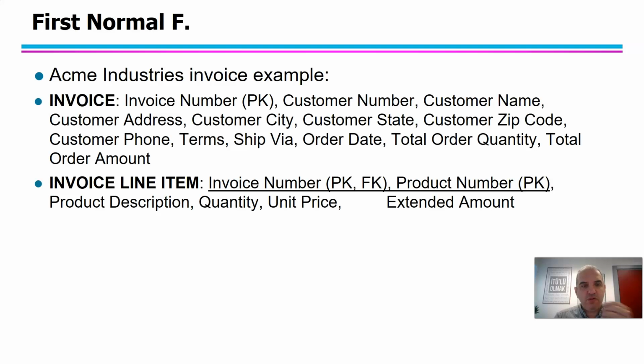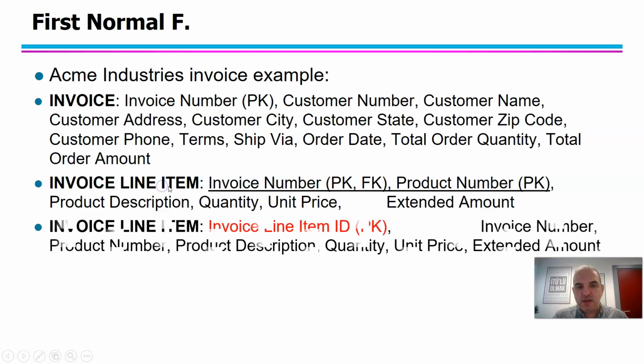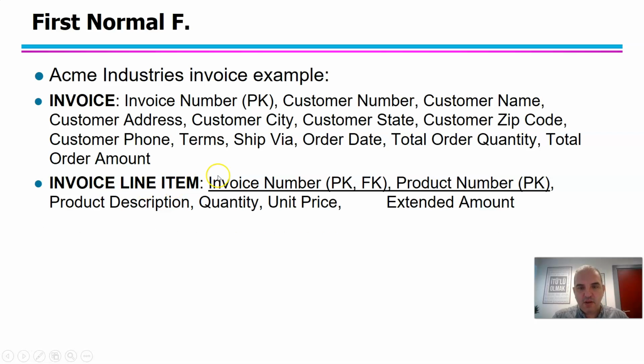So what we do is we create a new relation here, and the name is also given, like invoice line item. And the repeating parts are transferred into this new entity. So we have the product number here, product description, quantity, unit price, and extended amount here.